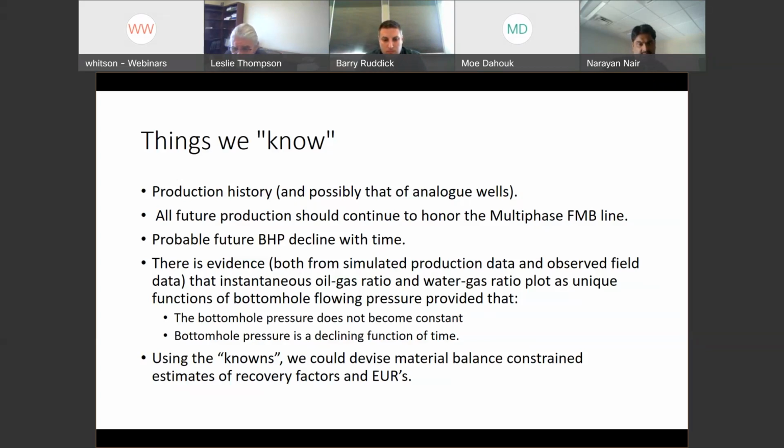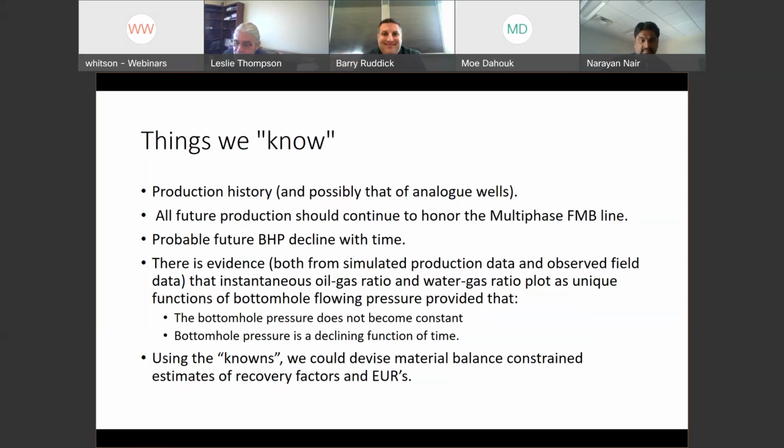Now, as I said, this is kind of controversial because it actually caused a big set of arguments between myself and a former employee, Steve Jones, who wrote a paper on this stuff and said that producing instantaneous ratios are functions of average reservoir pressure. At times, these arguments got really heated.